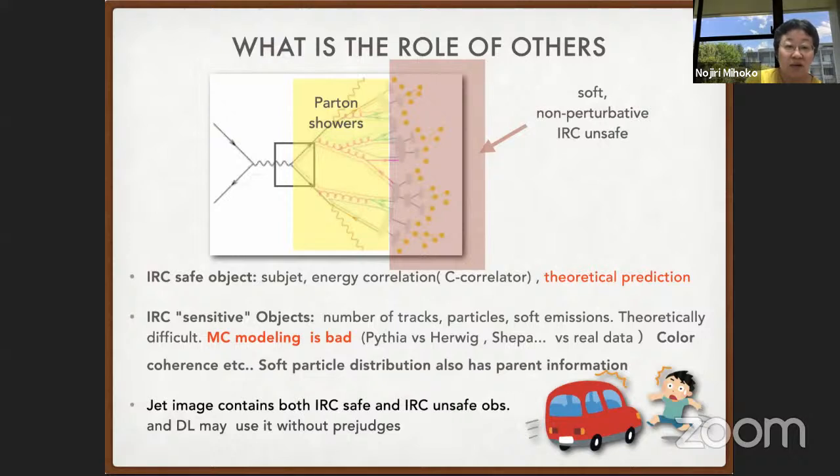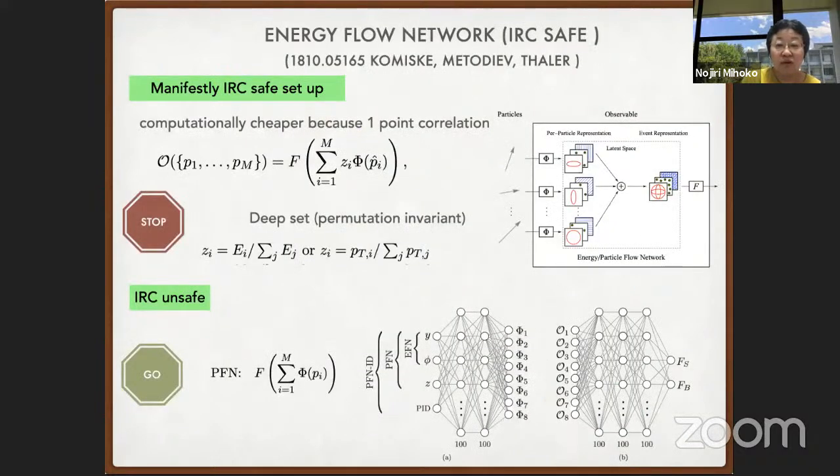On the other hand, there are IRC sensitive objects, for example the number of tracks, the number of particles, and very soft emissions. They are more difficult to model, and we especially find problems with consistency between the Monte Carlo simulations. So there are certain networks which try to use only an IRC safe setup.